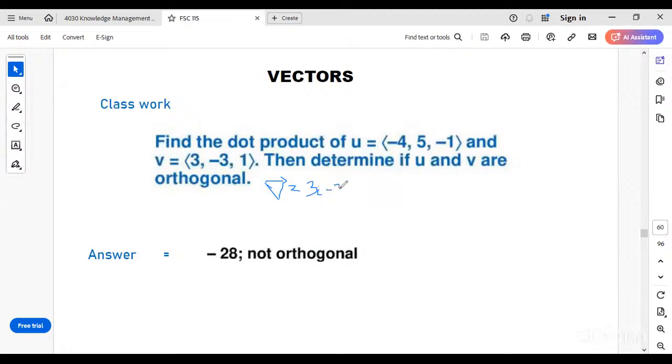V is equal to 3i minus 3j plus k. So the magnitude of vector V is equal to square root of 3 square plus 3 square plus 1 square.